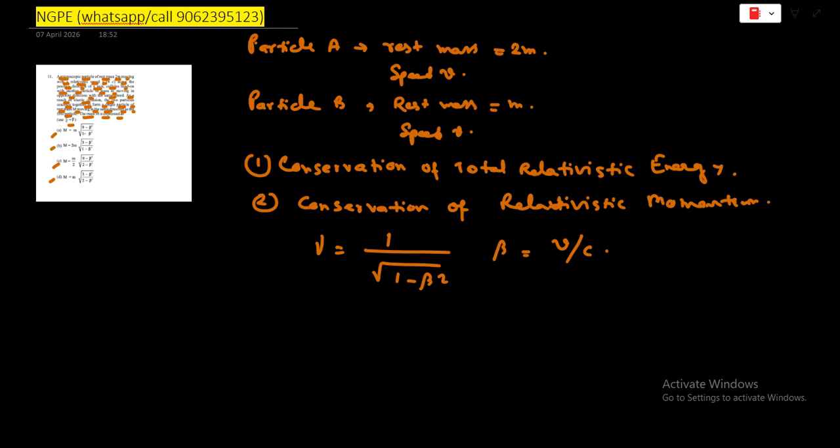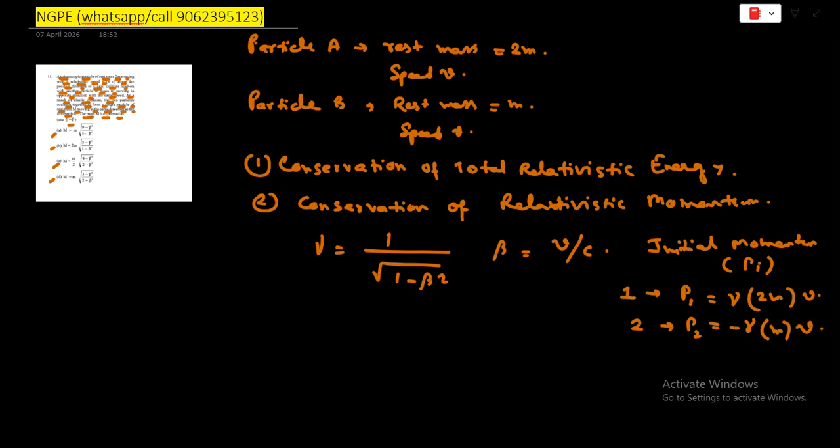The initial momentum: for particle 1, P1 equals gamma into 2mv, and for particle 2, P2 equals minus gamma into m into v, negative because it's a rebel going left. And P total is 2 gamma mv minus gamma mv, that is gamma mv.